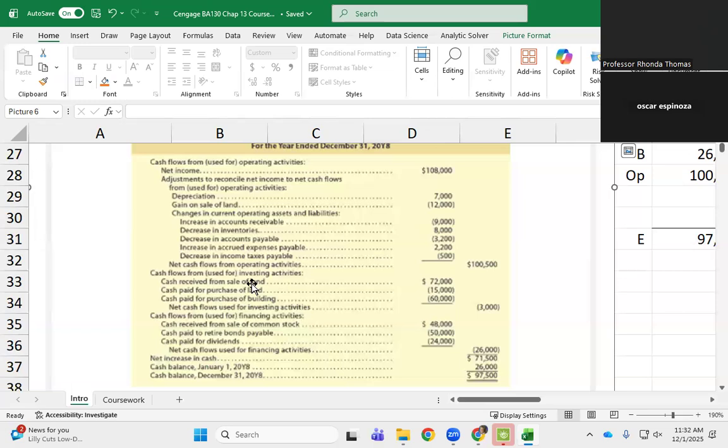So the next section is called investing. Operating, investing, financing. Memorize that. Operating, investing, financing. Those are the three sections. 1, 2, 3. No, it's not in alphabetical order. So O-I-F.